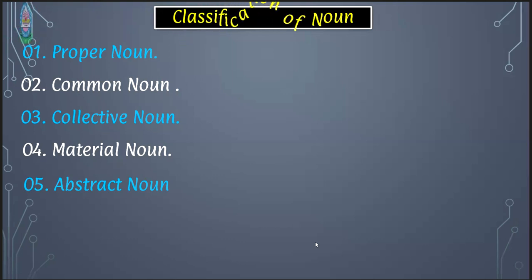The nouns that are visible are called concrete noun. And the nouns that are not visible are called abstract noun. So on the basis of visibility, I mean on the basis of seeing, the first 4 can be seen and the last one cannot be seen.